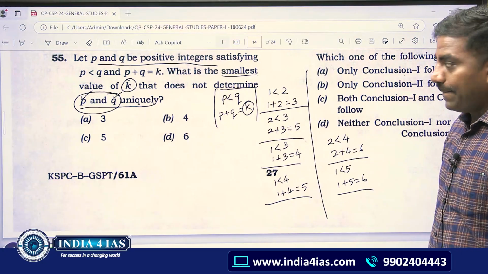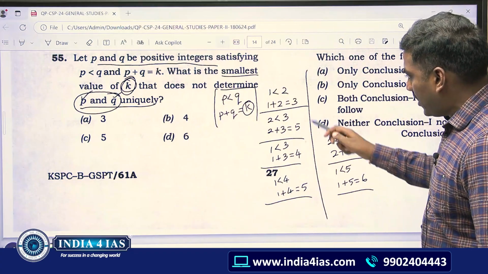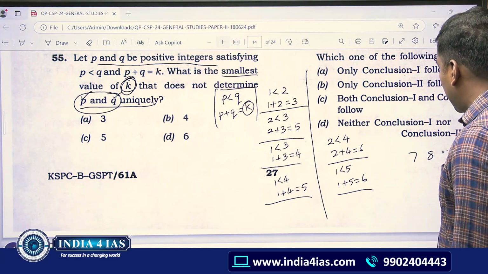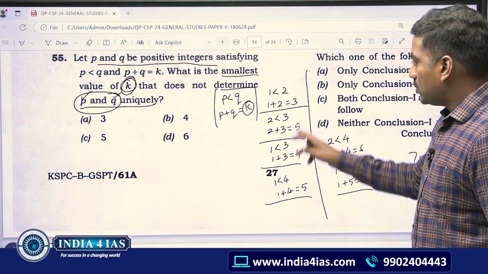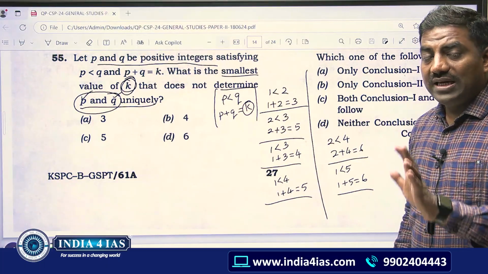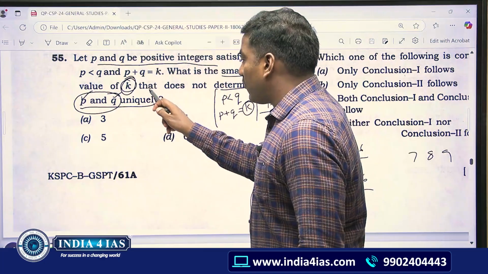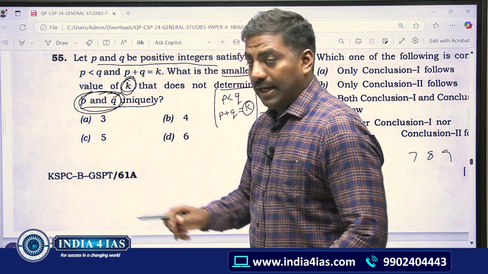Now they are asking, what is the smallest value of K? 3, 4, 5, 6. It can go to 7, 8, 9. Among these, the smallest value is 3. Next is 4. Next is 5. But they are asking for the smallest value of K that does not determine P and Q uniquely.